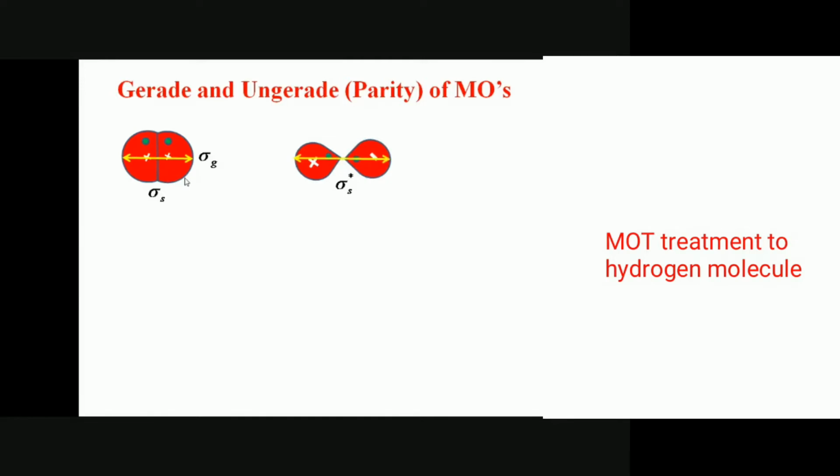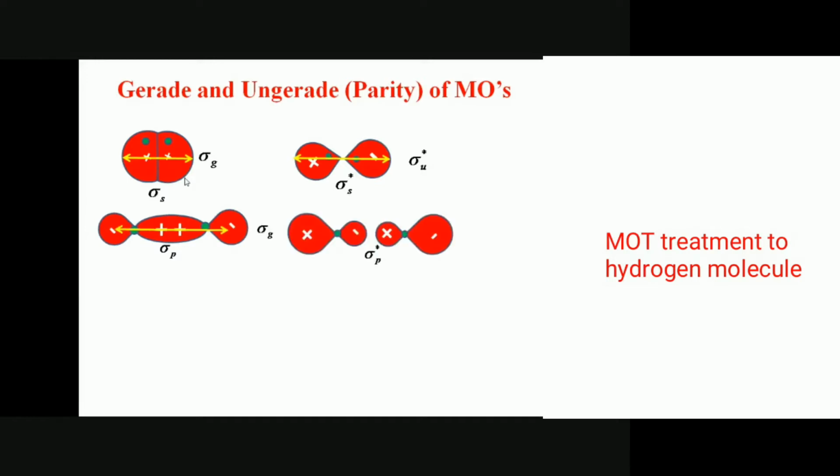If we connect, it starts from positive and ends negative, that's why it is ungerade. Then this is the sigma p orbital bonding, again this is gerade, whereas antibonding p orbital will be ungerade.